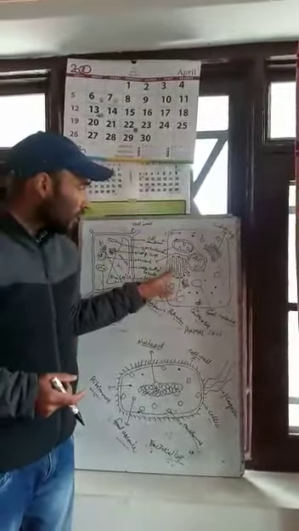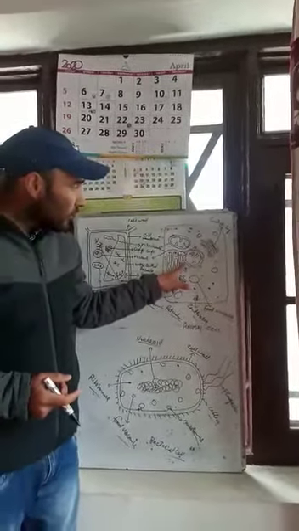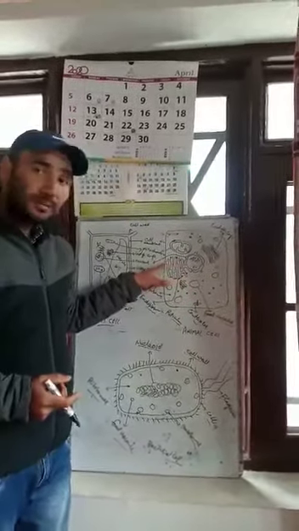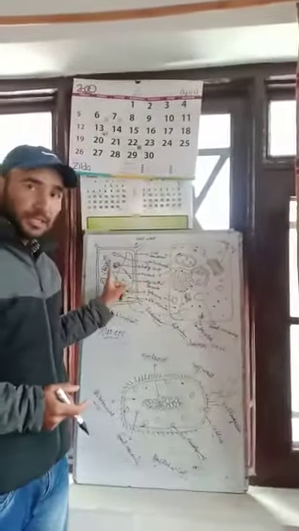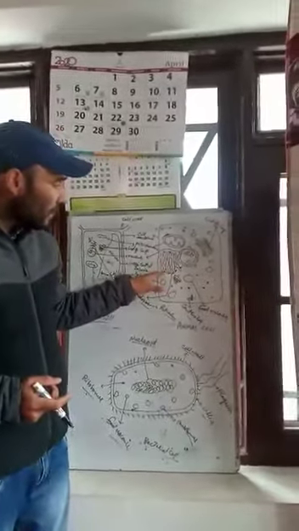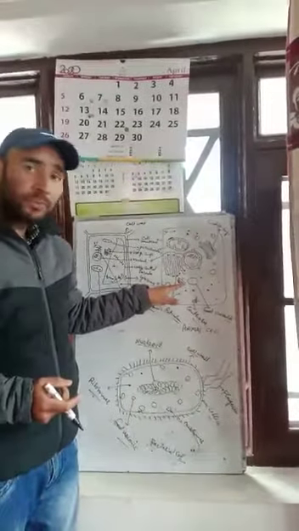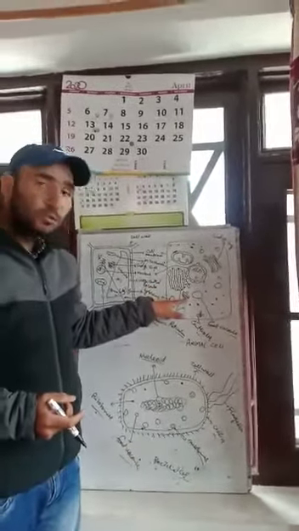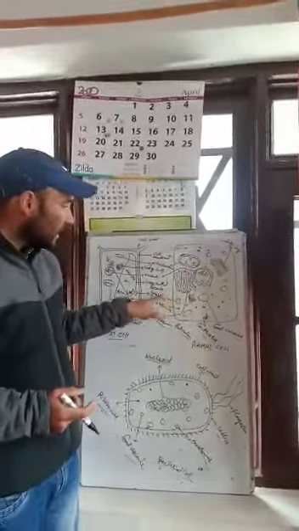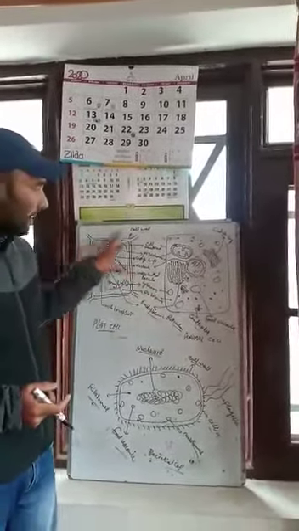The structure of the nucleus is the same in both plant and animal cells. Then the endoplasmic reticulum: on one side it is attached to the nuclear membrane, and on the other side it is attached to the cell membrane, both in plant and animal cells. This endoplasmic reticulum can be rough, having dot-like structures, ribosomes, attached to it, or it can be free like this. This is rough endoplasmic reticulum, and this is smooth endoplasmic reticulum. Then there are lysosomes, present in both plants and animals.